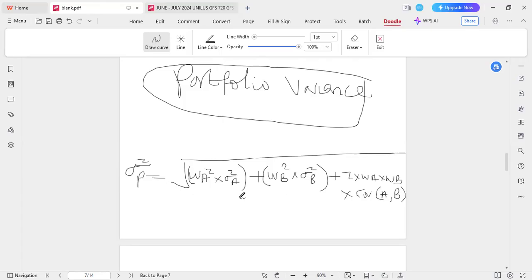So this is about what we have concerning the portfolio variance.